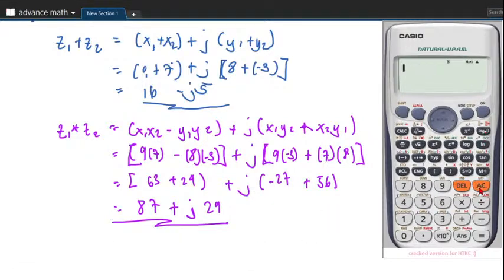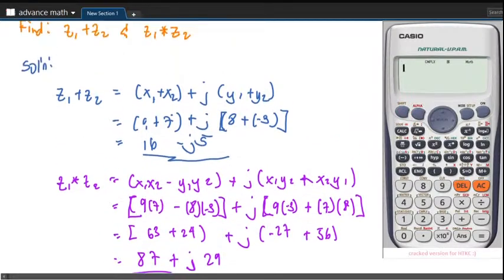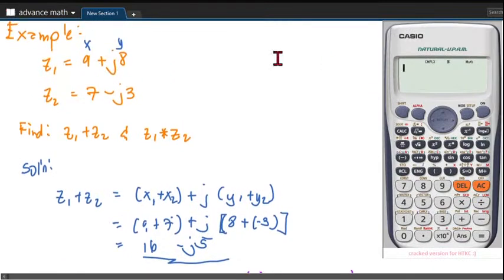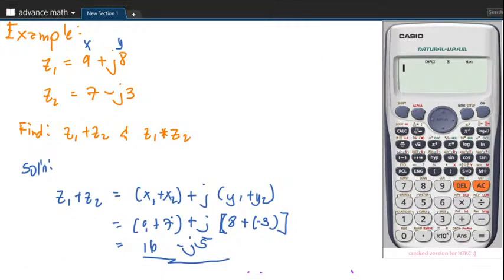First we will set our calculator. We have mode, then we'll go to 2, that will be the complex, then we'll just copy our given. We have our z1, that will be 9 plus 8.